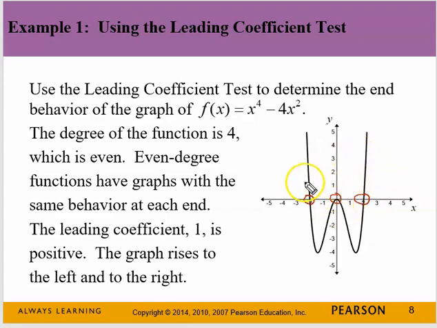Now, when it actually crosses, it will be defined by the word, but when it just touches and doesn't cross, the word we use for that is multiplicity. But we'll see that as we go on, and let's take a look at this as we go to find the zeros.